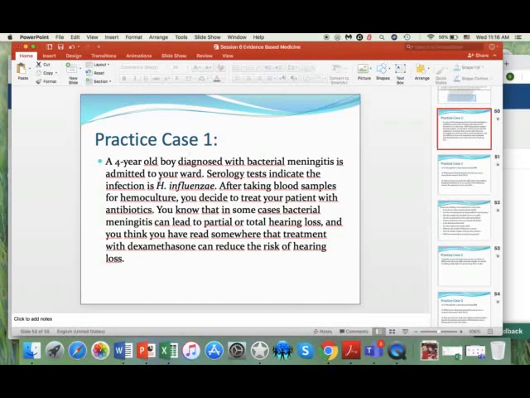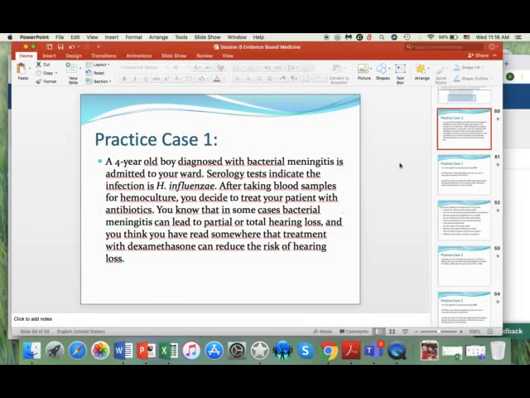We find out he has Haemophilus influenzae, and after taking blood samples, you decide to treat the patient with antibiotics. And you know that in some cases, bacterial meningitis can lead to hearing loss. But you think you've read somewhere that maybe treating with dexamethasone can reduce the risk of hearing loss.